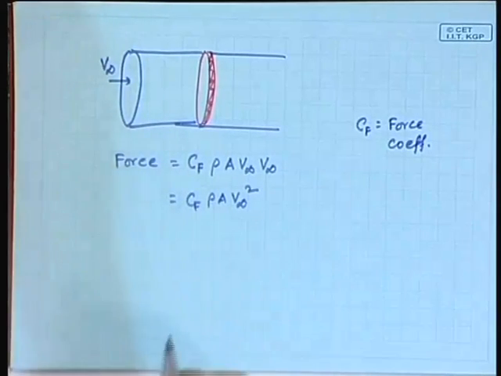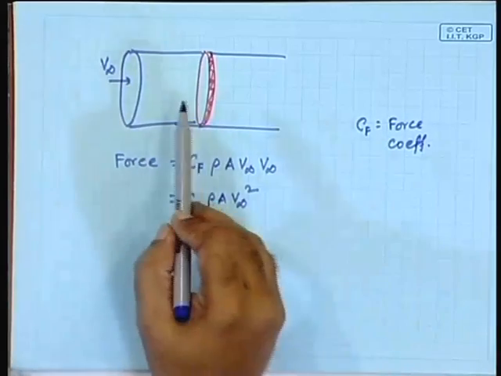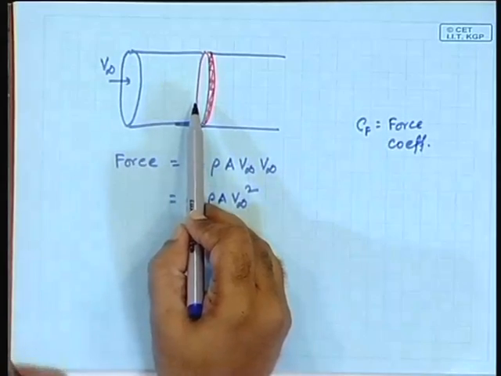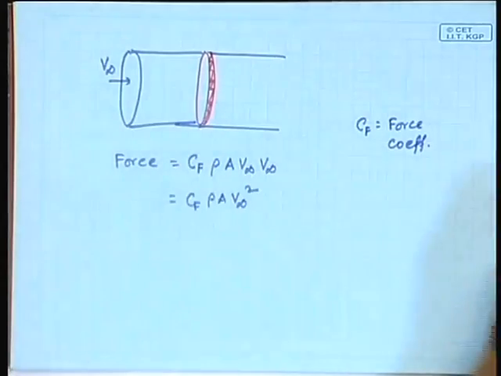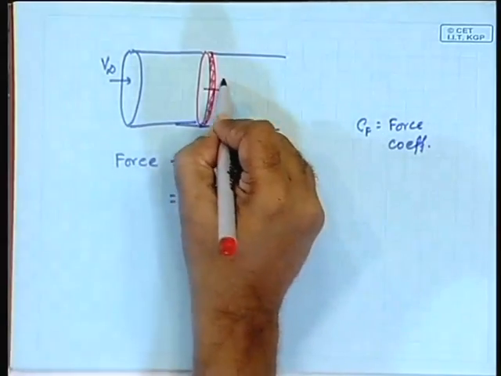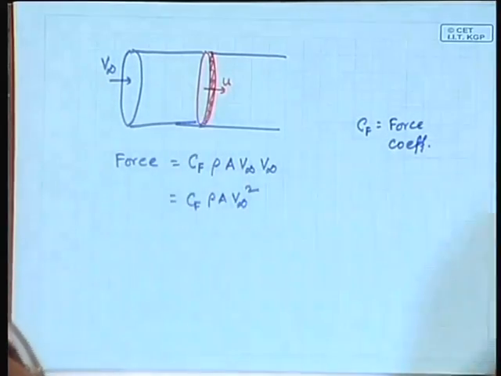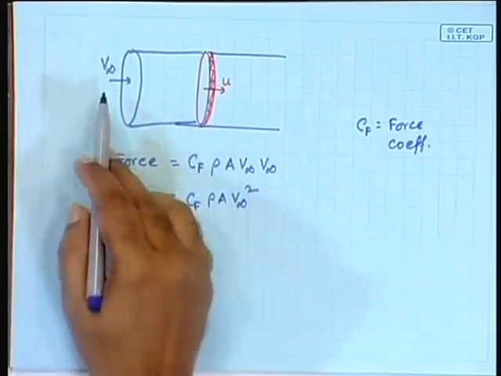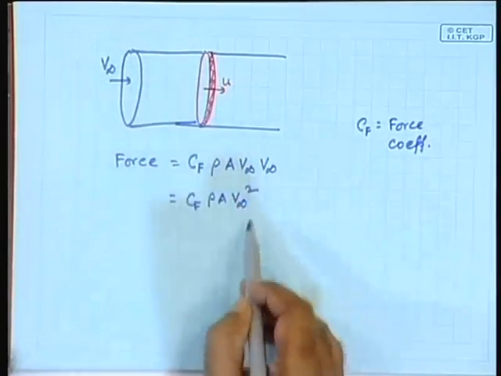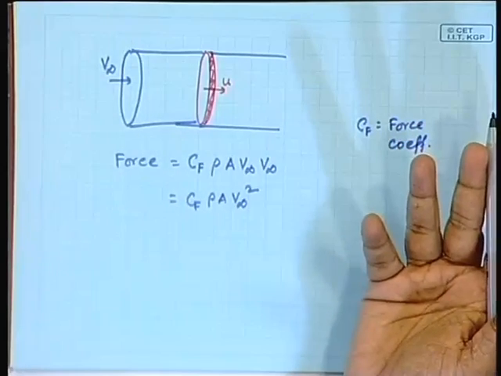Now if this fellow moves, then how much will be the force experienced by it? Suppose it moves with a velocity u, then how much will be the force experienced by it? It will see a wind velocity, that is v infinity minus u, and the same expression will be there, only v infinity will be replaced by v infinity minus u.